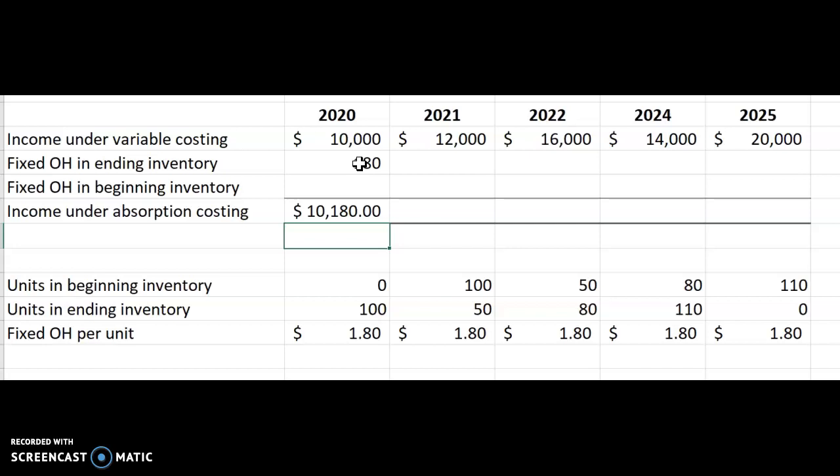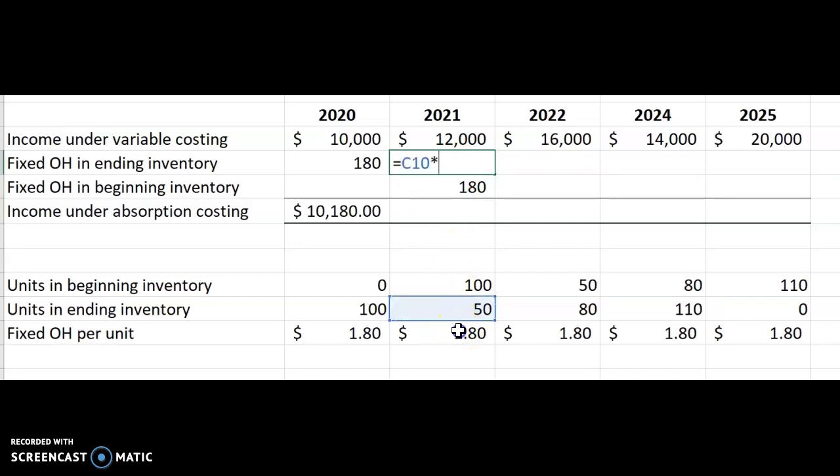In 2021, our beginning inventory is going to have the 180 of fixed overhead cost that was in the ending inventory. We ended 2021 with 50 units in ending inventory.